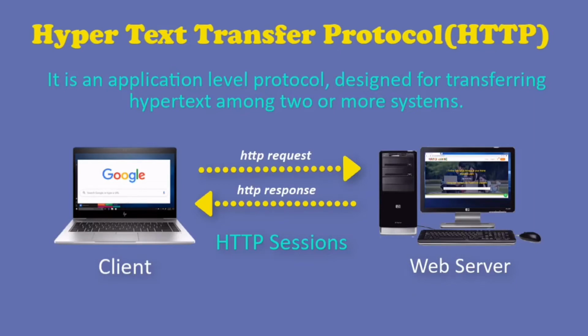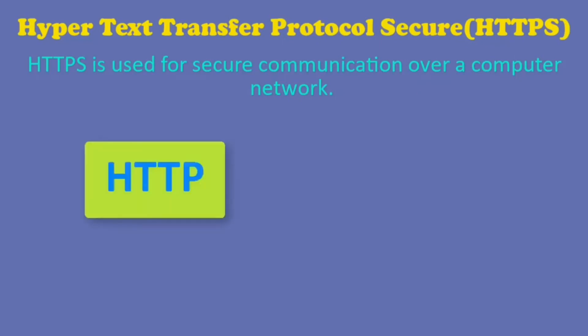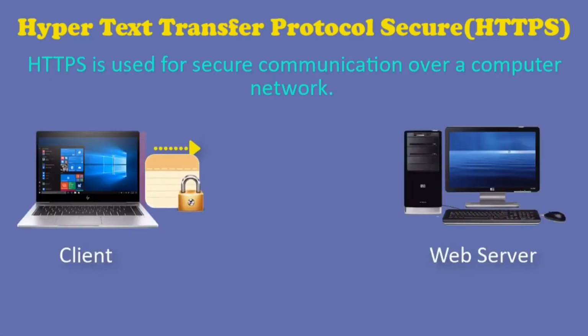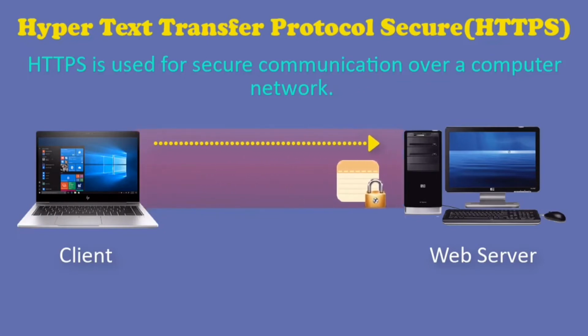We now have an extension to HTTP which is called as Hypertext Transfer Protocol Secure or HTTPS. It is used for secure communication over a computer network. It is a combination of HTTP and SSL or TLS protocol. HTTPS encrypts your data and establishes a secure channel over a non-secure network.